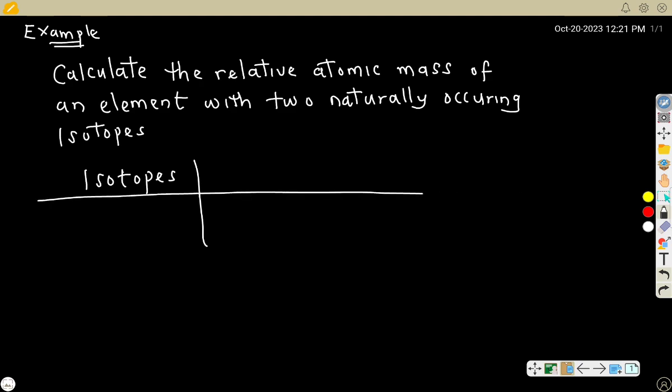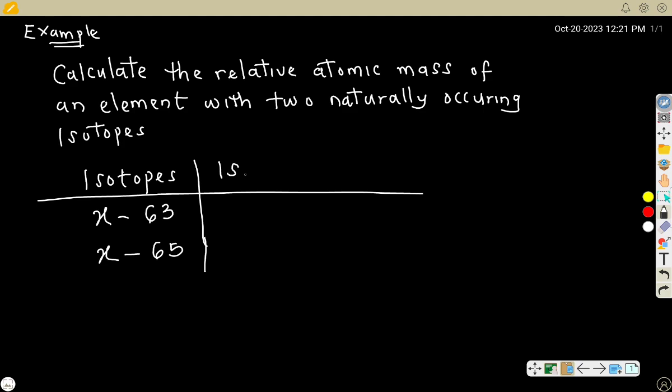We have element X with mass number 63, and we also have X with atomic mass 65. So that is a different atomic mass.